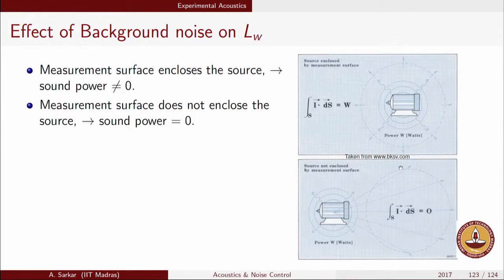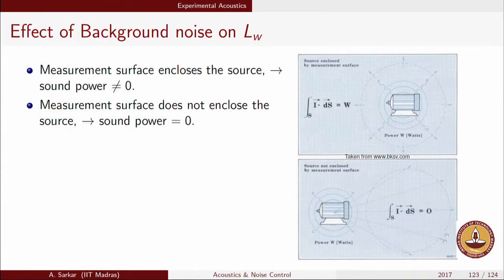But if the measurement surface does not include the source, which is what is done in this second schematic drawing, whatever power is coming in is the power that is going out. So, as I said, sound power is going to be constant over any hypothetical surface which encloses the sound source of interest. That is a very important point.